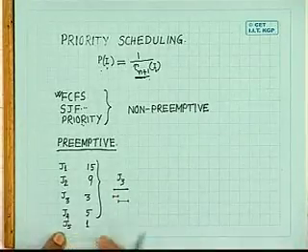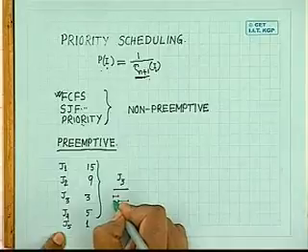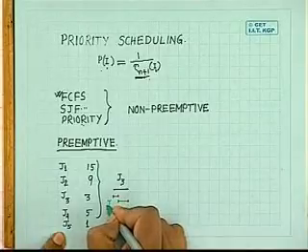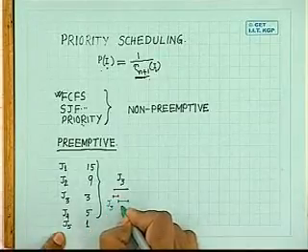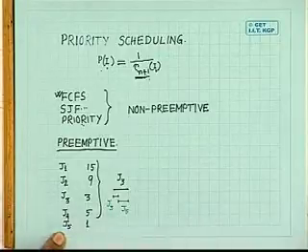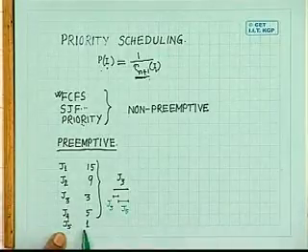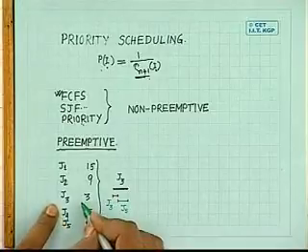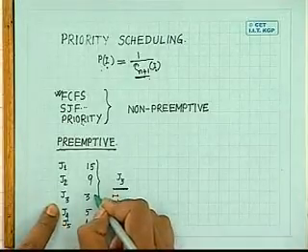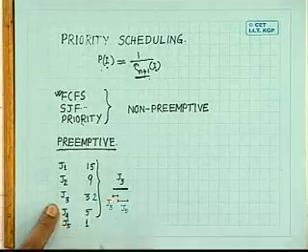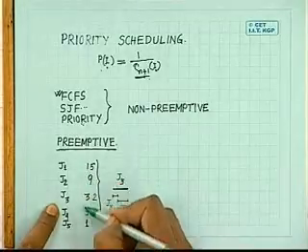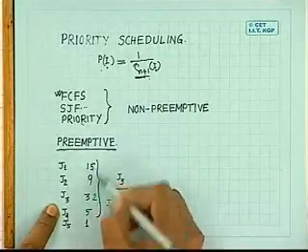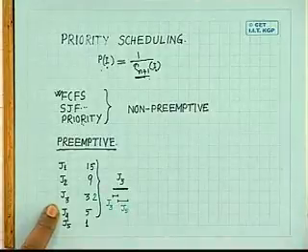So J3 is executed here, J5 is executed here. After completion of job J5, I have within the ready queue job J3 with remaining time of 2 time units. Other jobs have not been executed at all, so for them the remaining time remains the same.